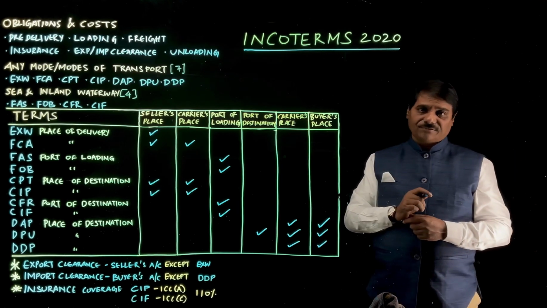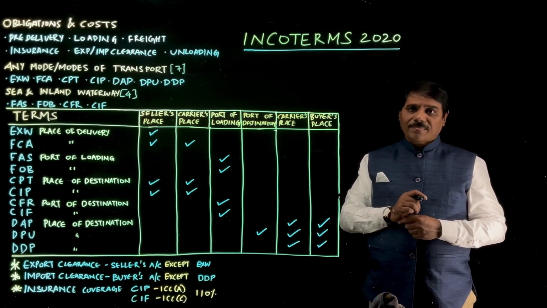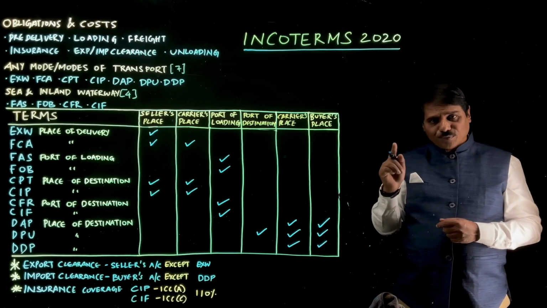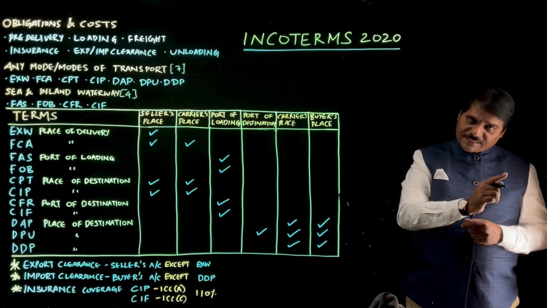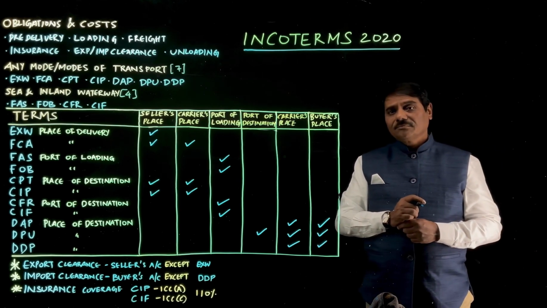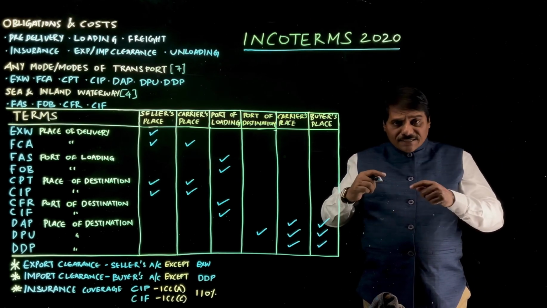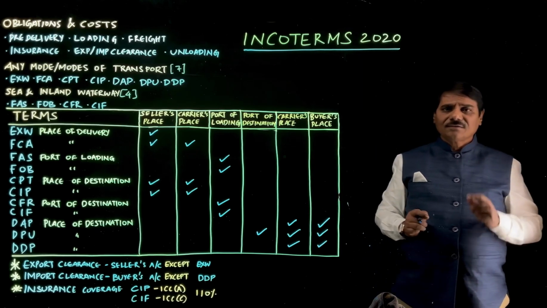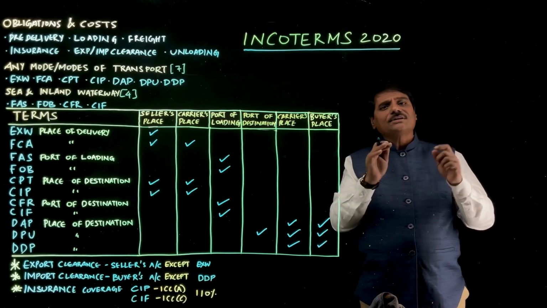Please understand the difference. Though the seller is paying the transportation charges up to destination, the seller's risk is passing to the buyer in the seller's country only, once the goods are handed over to the shipping company.